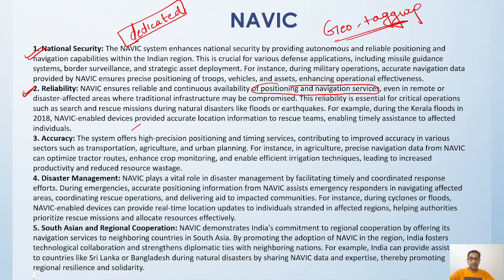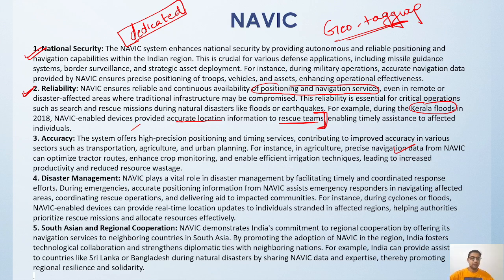So everywhere, if we wanted to do any kind of search or rescue operation, we will be having reliable, continuous, available data which we need as per our own standards. Here I have given you an example of the Kerala floods that happened in 2018. NavIC enabled devices provided accurate location information to the rescue team, because right now whatever data they are using is for restricted uses.